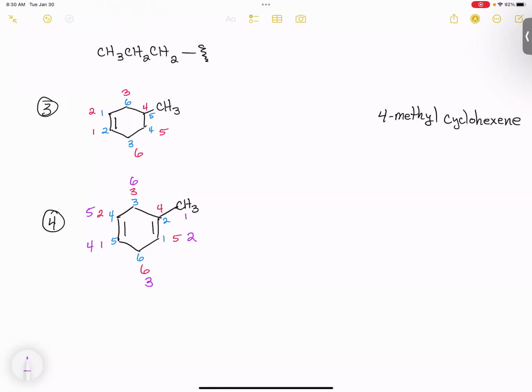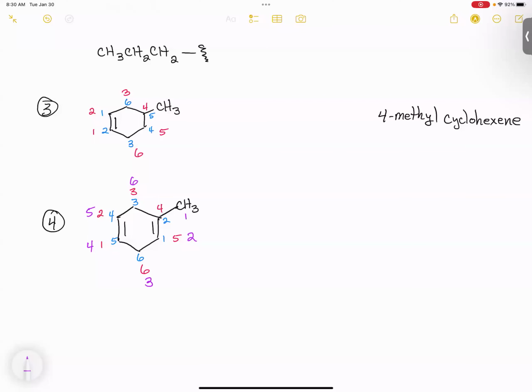Because not only do I have the double bonds at the lowest number, but the substituent's the lowest number too. Double bonds are more important, but in this particular case, while the double bond was the most important, I was also able to label it so that the substituent was the lowest number possible as well.